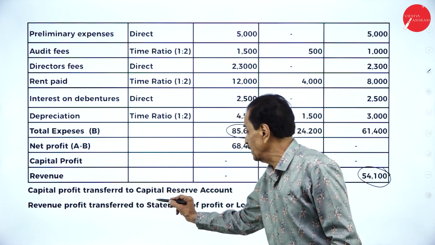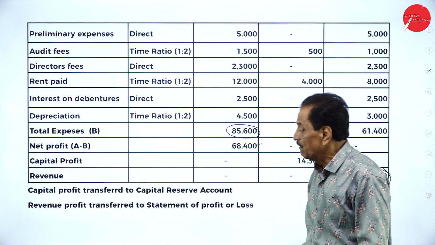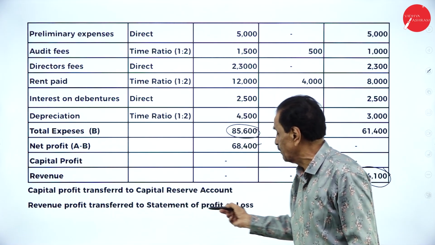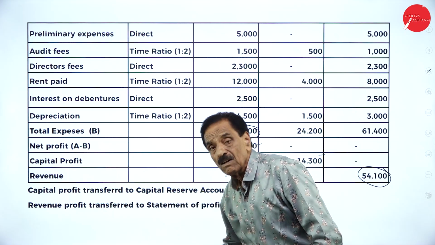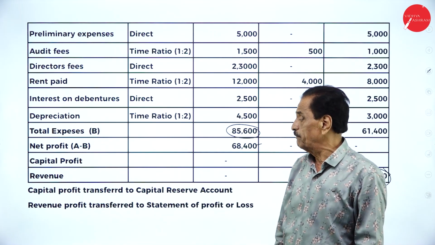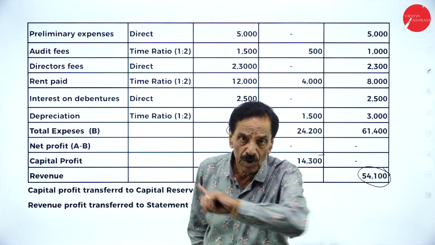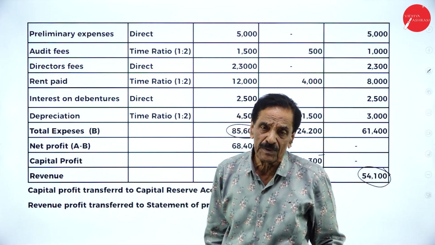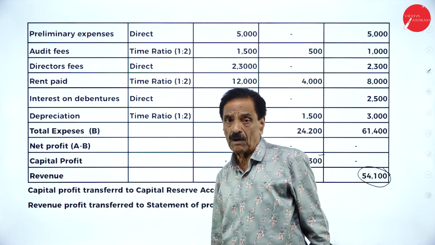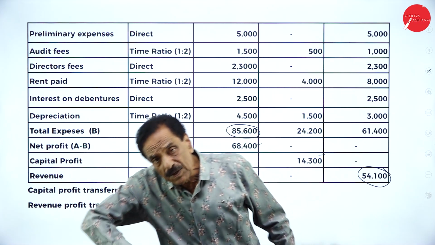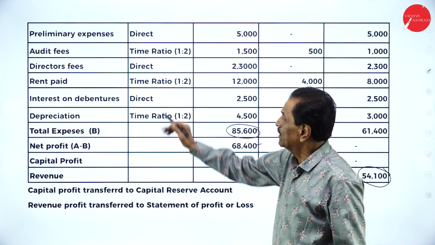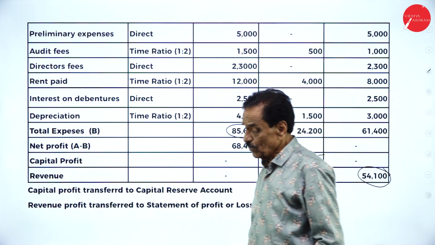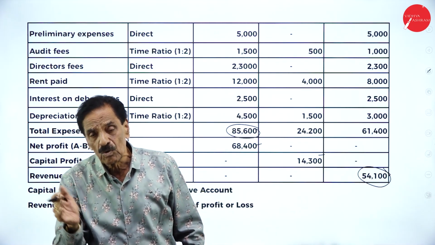Capital profit is transferred to the capital reserve account, whereas revenue profit is transferred to the statement of profit and loss account. Revenue profit can be utilized for distribution of dividend. Capital profit should not be utilized for distribution of dividend. I think this is very easy, but you have to calculate slowly the time ratio, slowly the sales ratio.